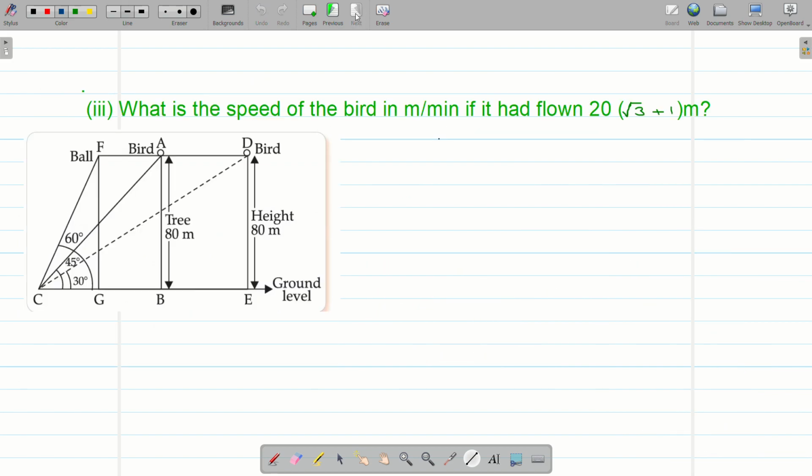What is the speed of the bird in meter per minute if it had flown 20 into bracket root 3 plus 1 meters?